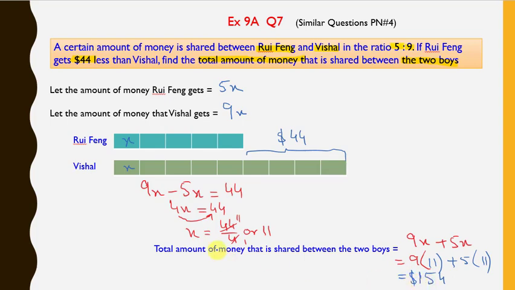So $154 is the total amount of money that is shared between the two boys. That is the answer of this question.